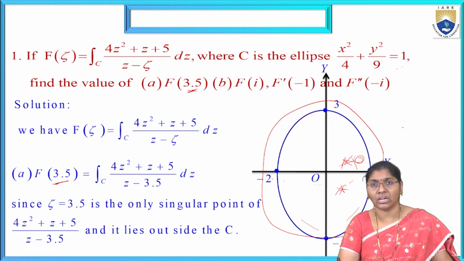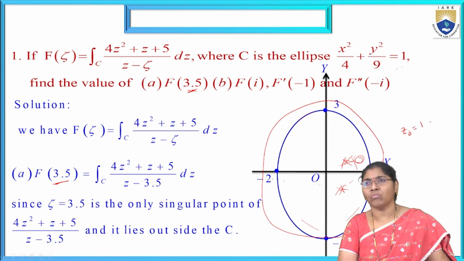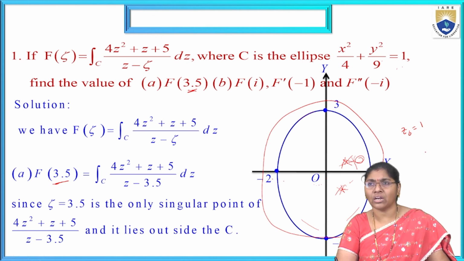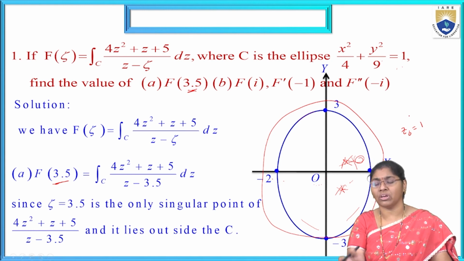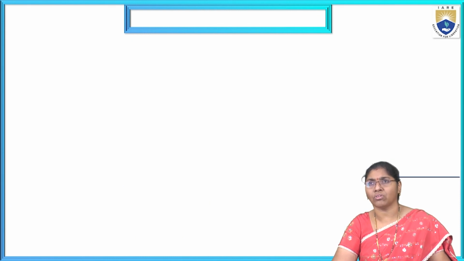For example, z naught value may be less than 2, that is 1. Then we are solving the problem: for less than minus 2 or less than 2 condition, we get the solution. Here the z naught value 3.5 is beyond the limit, not within the limit. That's why the condition is not satisfied.